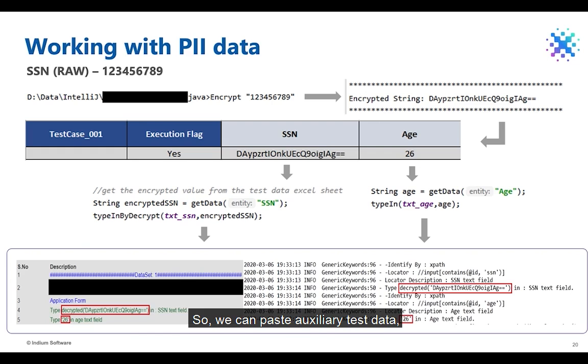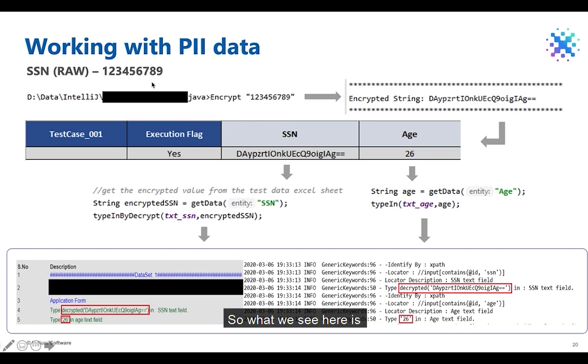So we can paste as many encrypted test data as we want in the sheet, and the automation script will retrieve that encrypted data, decrypt it, and then get the actual value to populate in the application window. However, these decrypted values will not be displayed in the log or in the report.